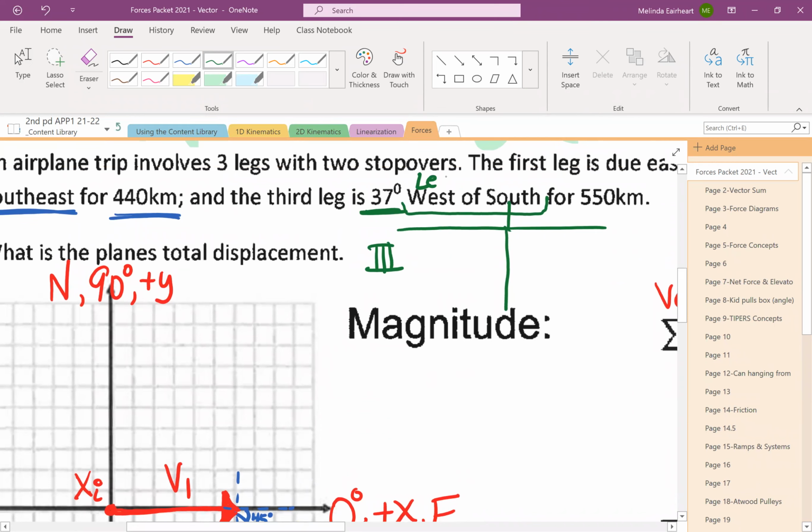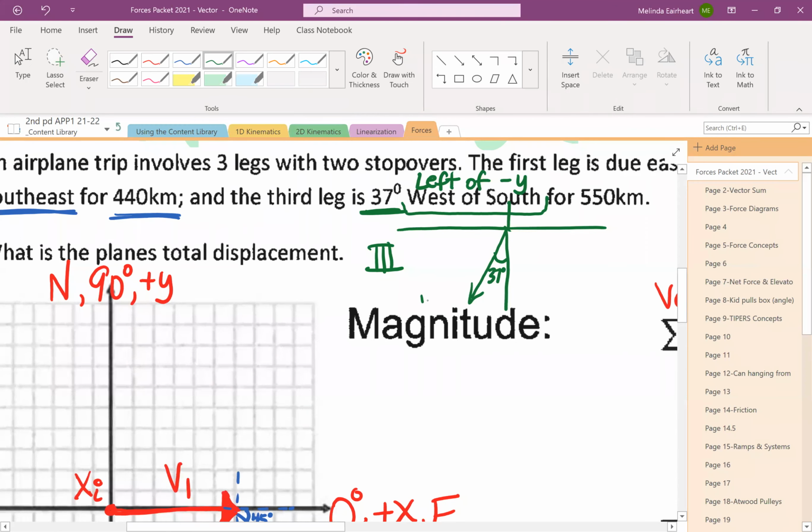Couldn't you say it's to the left of negative y? We said south is negative y, west is to the left. And so the correct way to draw this would be somewhere like this, with 37 degrees touching the negative y-axis, right?